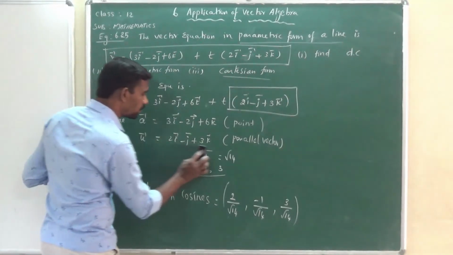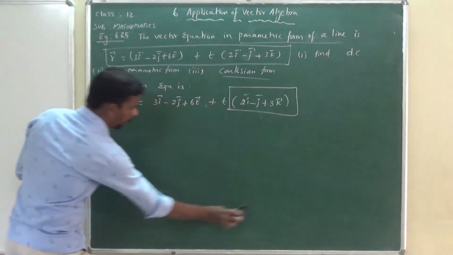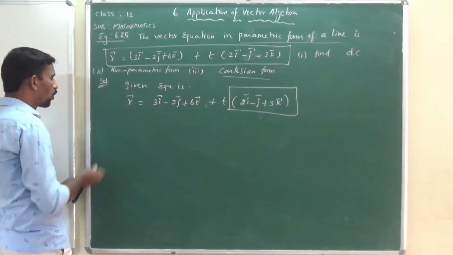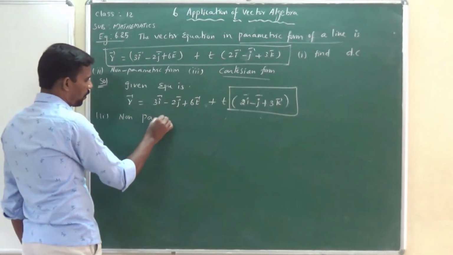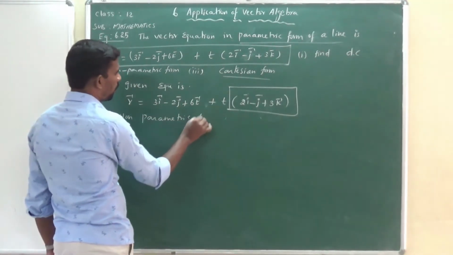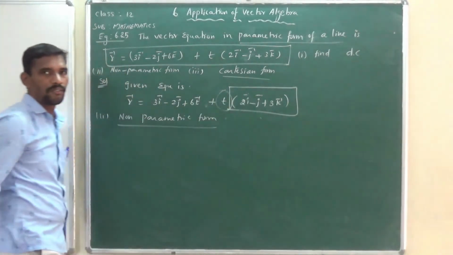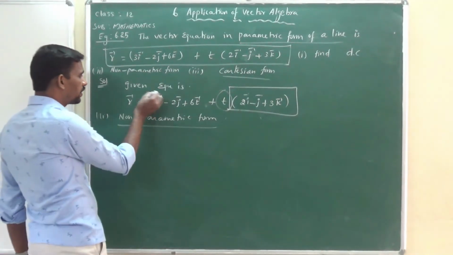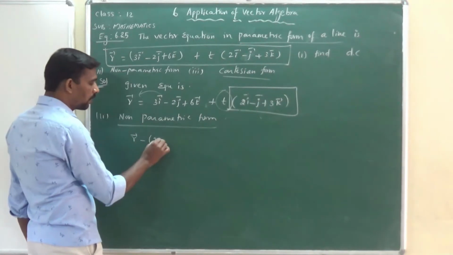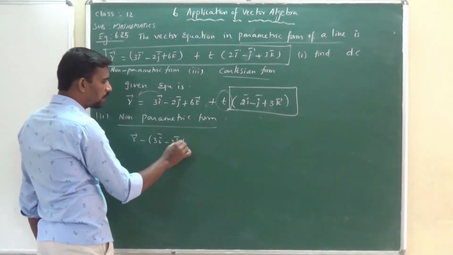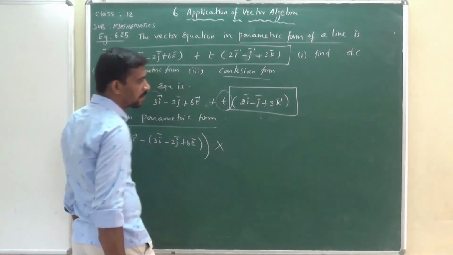Next one, non-parametric form. Non-parametric form means we omit the scalar. Bring this side, r vector minus, inside the bracket write 3i minus 2j plus 6k, and then put cross.